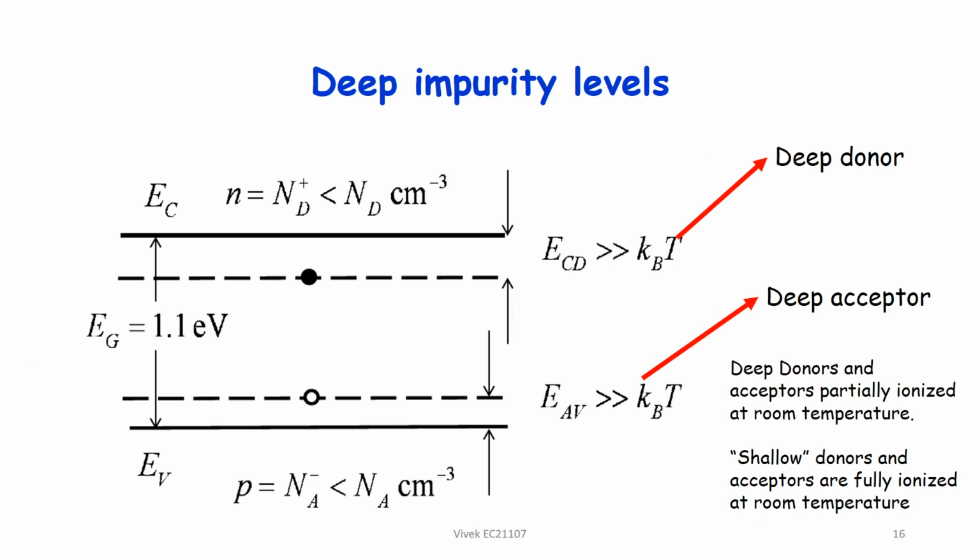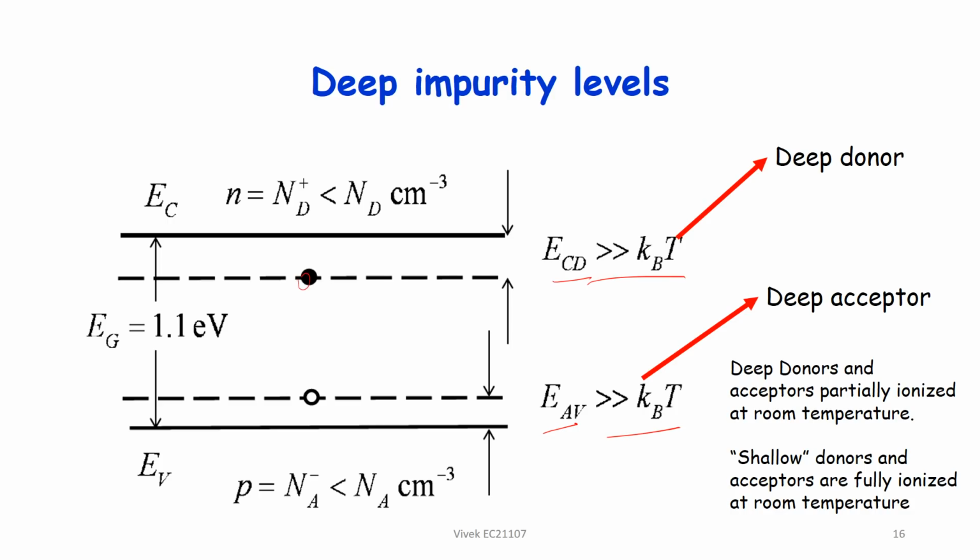Now typically these ECD and EAB are of the order of 0.1 electron volt, right? But for some dopants, these defect energy levels are much more than kT.